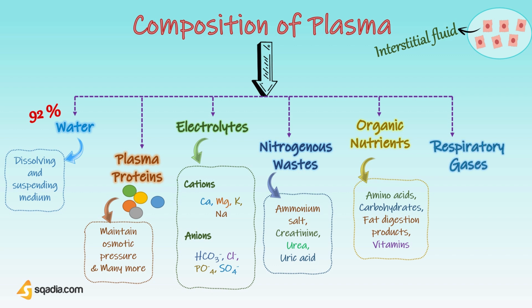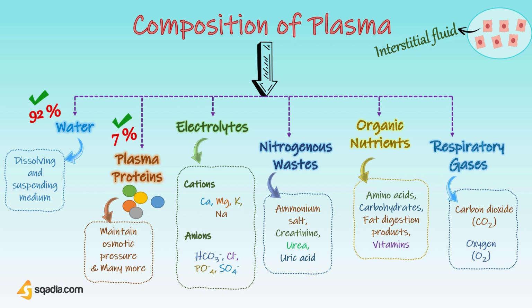And lastly, plasma contains some respiratory gases. That includes carbon dioxide, transported dissolved as bicarbonate ions or bound to hemoglobin in erythrocytes, and oxygen, primarily bound to hemoglobin inside erythrocytes. Among these components of plasma, water makes up around 92%, and 7% contribution is of plasma proteins.